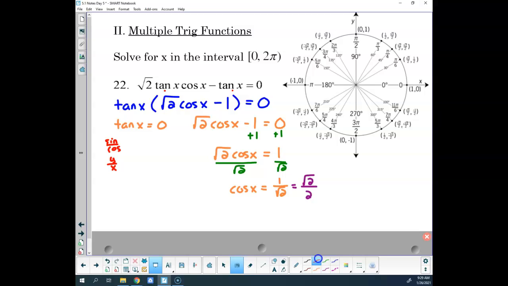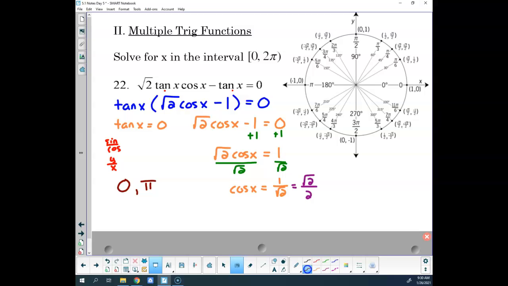Well, that happens at 0 radians and pi radians. At 0 and at pi, tangent is equal to 0.